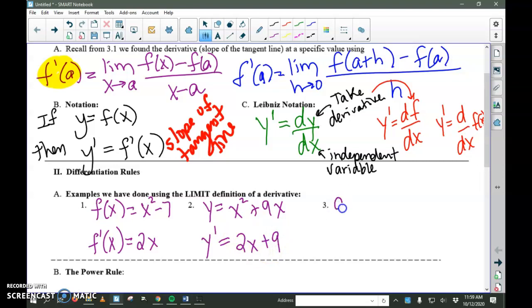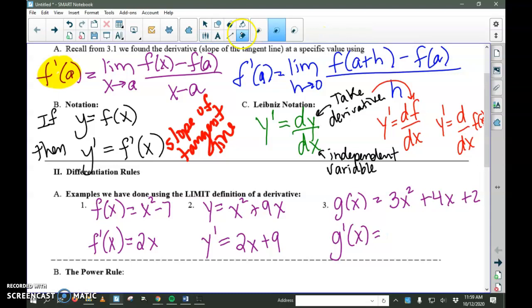Another example we had was that g of x was equal to 3x squared plus 4x plus 2. And again, we worked our magic, okay? We did the second limit definition of a derivative. And what we found is that, again, the formula, I'm actually going to use different notation here.